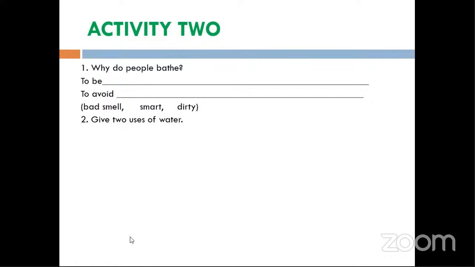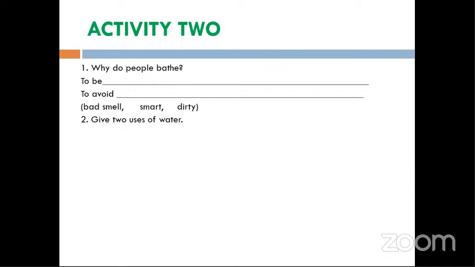Uses of water. All of us know the uses of water. Let me start with Divine. Give 1 use of water. You have to unmute first, then you speak. 1 use of water. Okay, let me hear from another person.